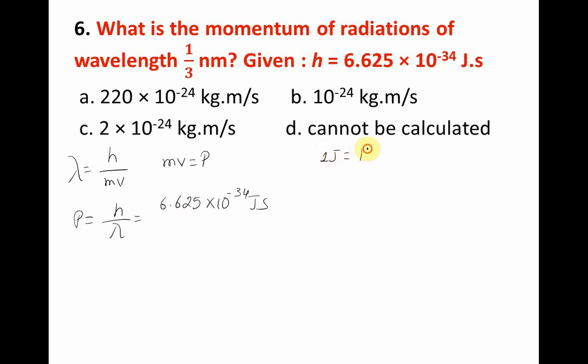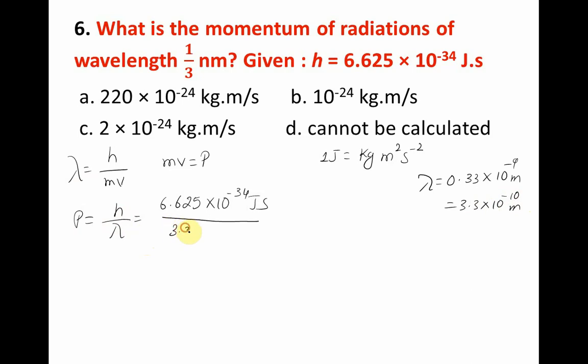1 joule is always equal to kg meter square per second square. So divided by the lambda value, 1 by 3, that means 0.33 into 10 to the power of minus 9 meter, or can also be written as 3.3 into 10 to the power of minus 10 meter.